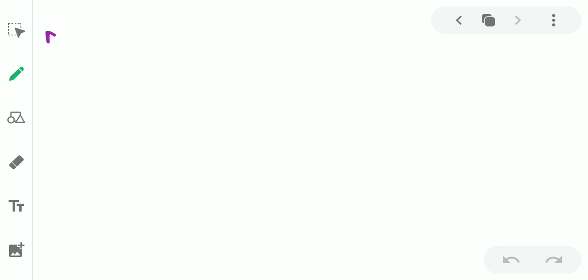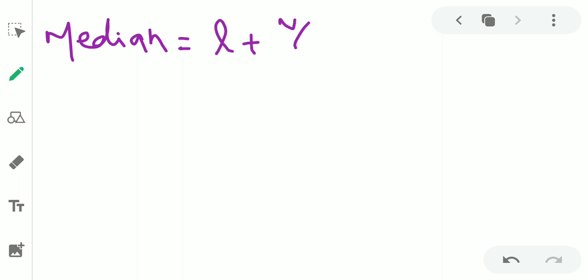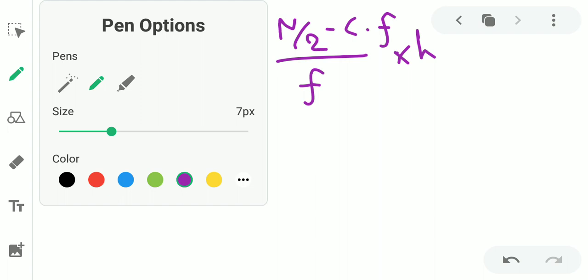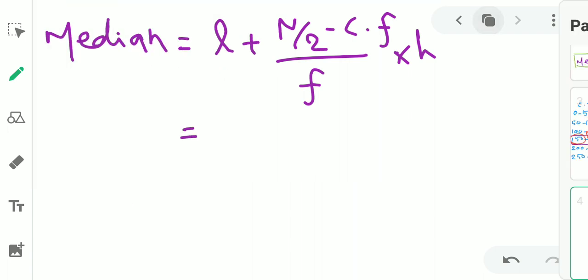So median equal to L plus n by 2 minus cumulative frequency divided by frequency into h. Okay, now the problem is we are going to solve it. So one by one we will write. So what is L?